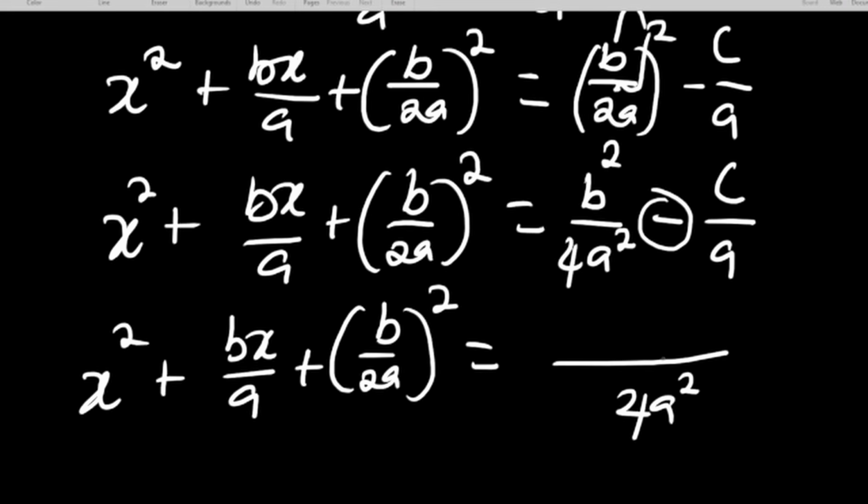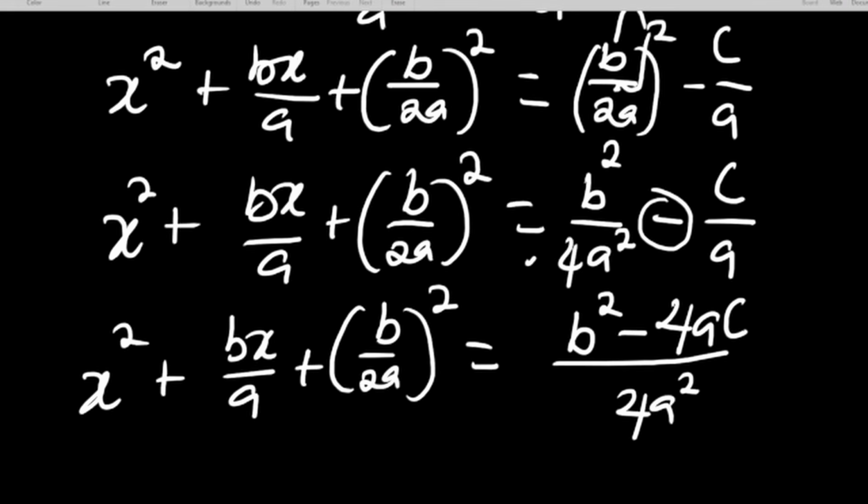Let's now divide and multiply. 4a squared divided by 4a squared gives us 1. 1 times b squared is b squared, minus, again, 4a squared divided by a gives us 4a, and then 4a times c gives us 4ac. Remember that when you get to this point, you must combine the two fractions into a single fraction by getting a common denominator for the two terms. And then you can go ahead and simplify.